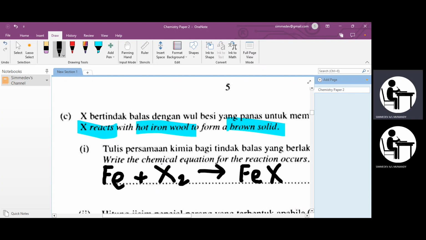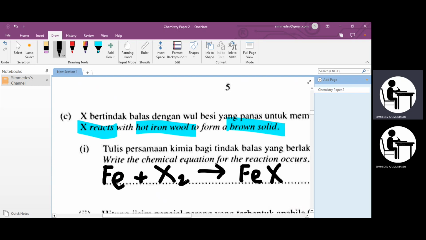All right, chlorine is a diatomic molecule. One atom forms a covalent bond with another chlorine atom to form a chlorine molecule, which is a diatomic molecule.